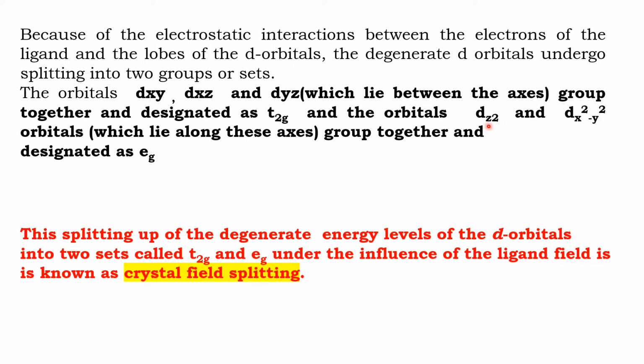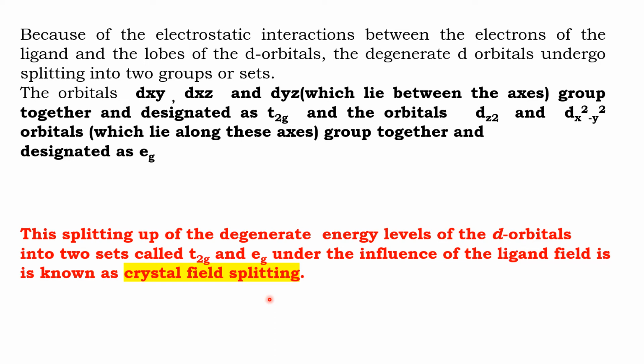So dz square and dx square minus y square have maximum energy, while dxy, dxz and dyz have minimum energy. This splitting up of degenerate d orbitals into two groups. Which groups? T2g and Eg.